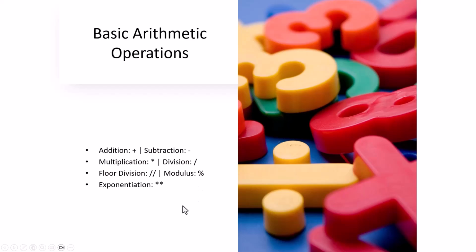So what are these? Floor division is when you are dividing an integer by another integer, this gives you the whole number, like 4 divided by 3 with floor division will give you 1, and modulus, that is the remainder division, just like in C#, 4 divided by 3, again the remainder is 1. And exponential is something to the power of something. Alright, we'll see this in operation in a second.